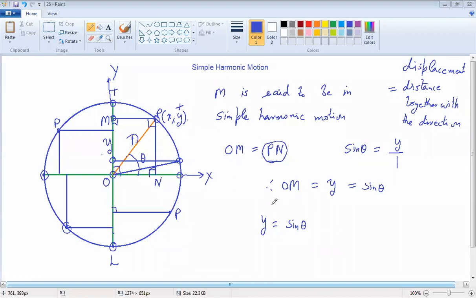And so the displacement of this point M, which is a to and fro displacement, it goes upwards, then comes down, goes downwards, then comes up. This way, this is a to and fro or the oscillatory motion. So its displacement y is given by sine theta. This is what I am telling.